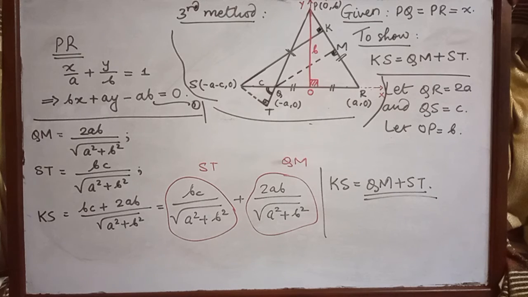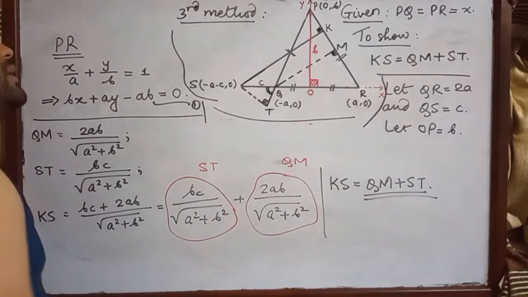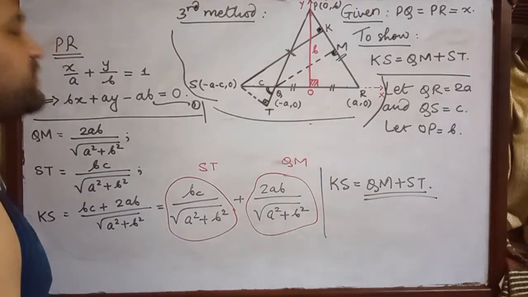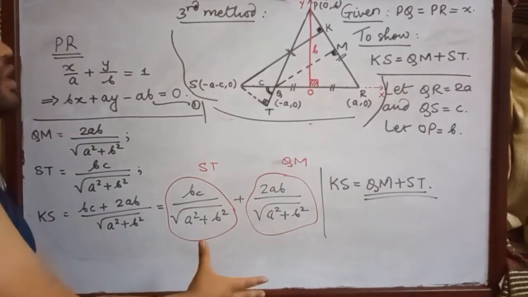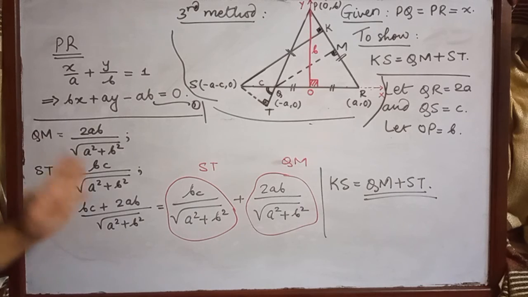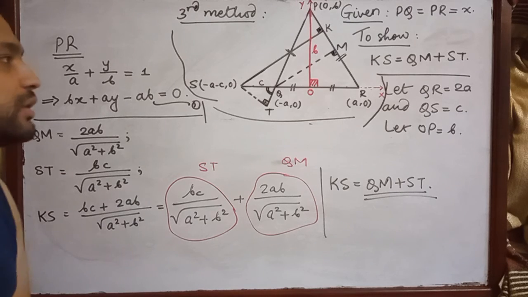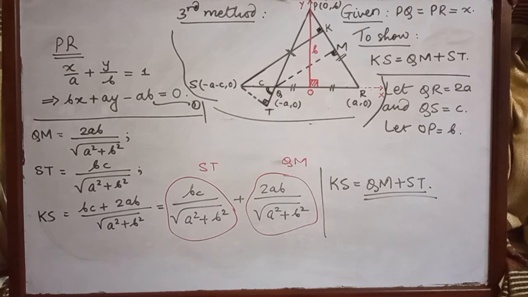Three different methods for the same proof. And once again, I don't suggest this method at all. This is too much work for a very small thing. I did it this way just because I needed a second solution different from the two solutions given in the book.